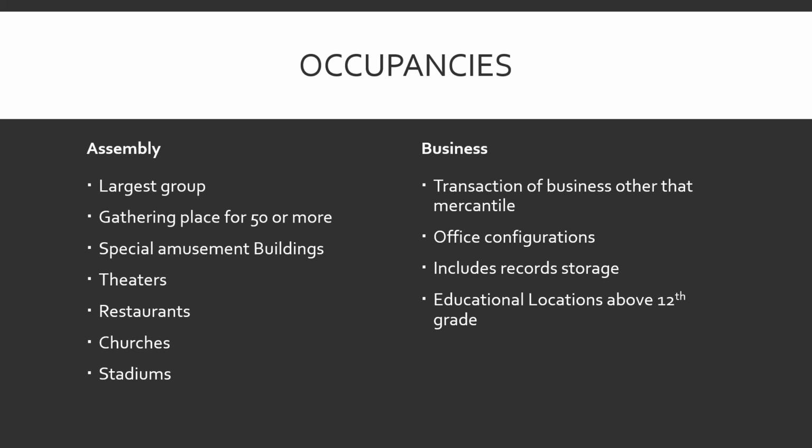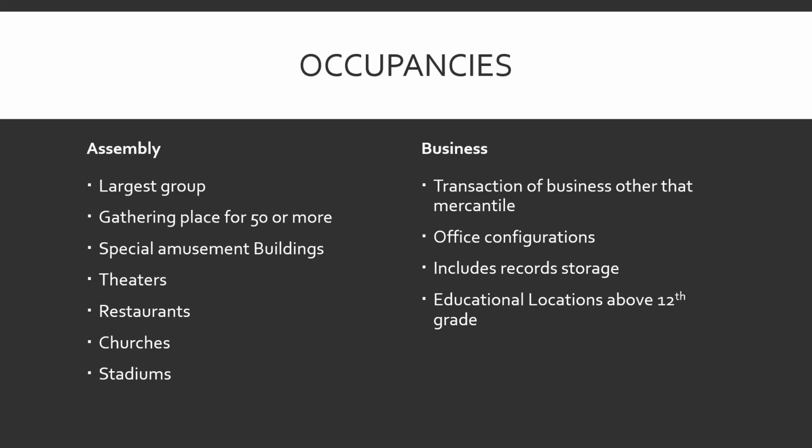On the other hand, our next classification is businesses. These are for the transaction of business other than mercantile. Mercantile being, think of your Walmarts, your sporting goods, your places where you go buy whatever. These generally consist of office configurations.